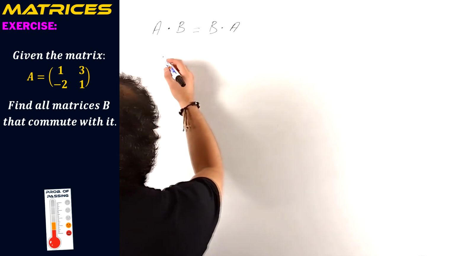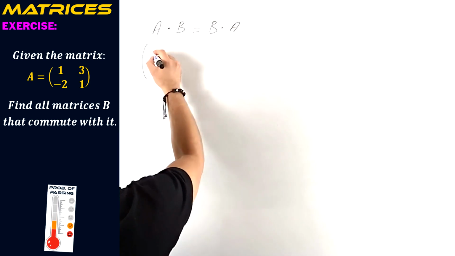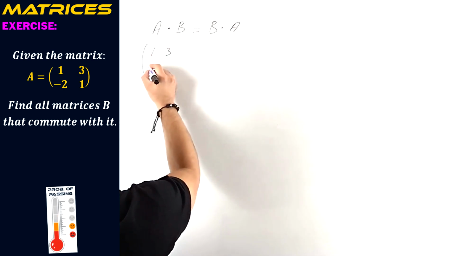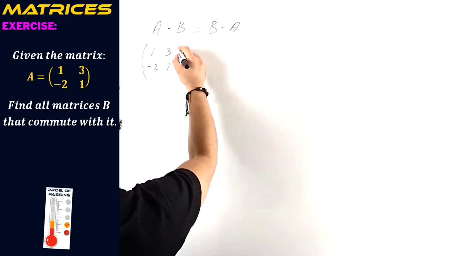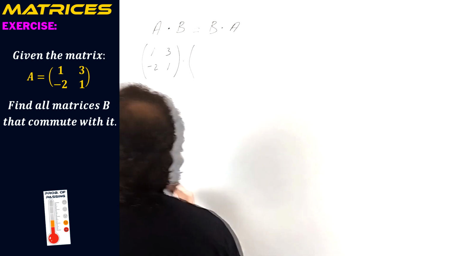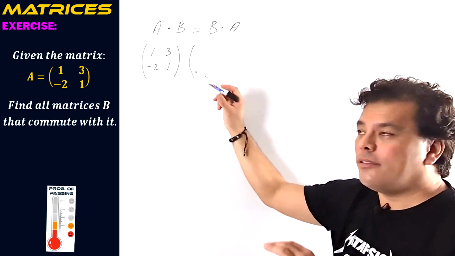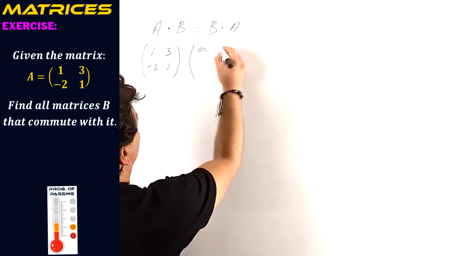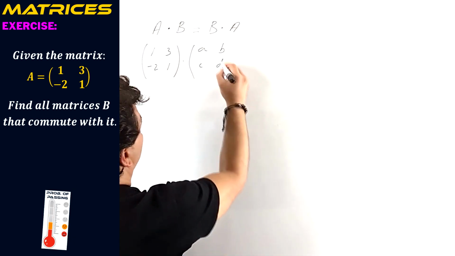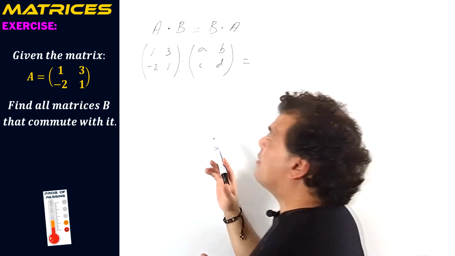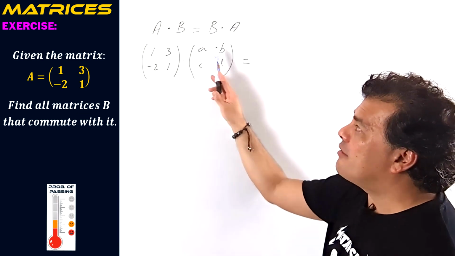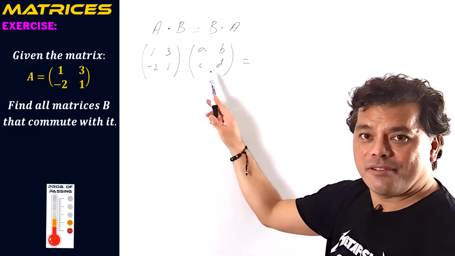Let's go. Matrix A is 1, 3, -2, 1. And as we don't know what matrix B is, we are going to put a, b, c, d, and we are operating to find the values of these four parameters.